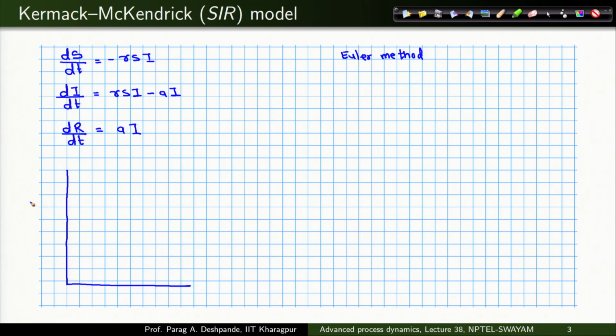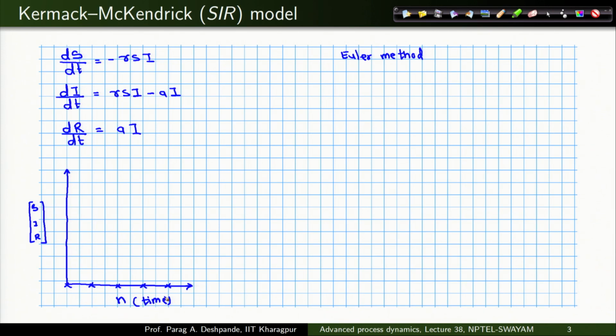So, therefore, I will have the vector S I R, and these would be the steps in which my discretized algorithm would evolve the system, okay, and this would signify time.